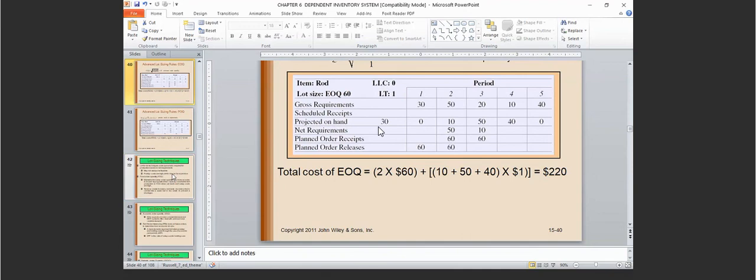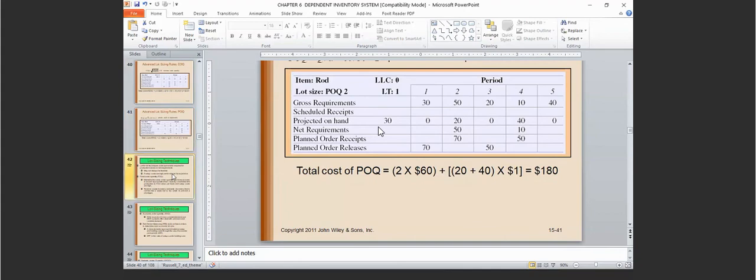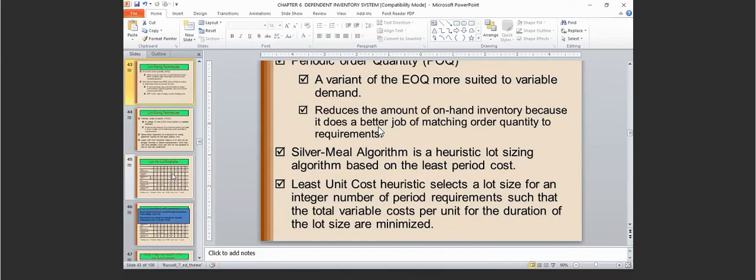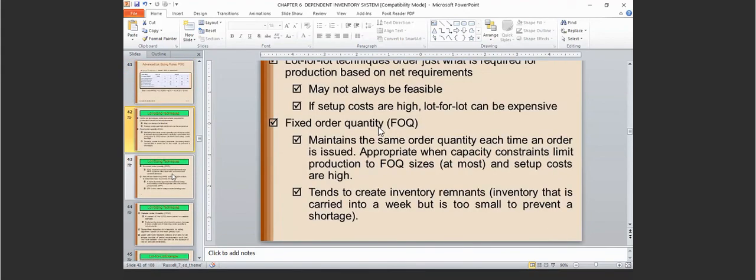EOQ: how do we apply the EOQ model to determine the order size, the lot sizing technique applied in the MRP system? So all of these lot sizing techniques we will discuss in the next class on Thursday.